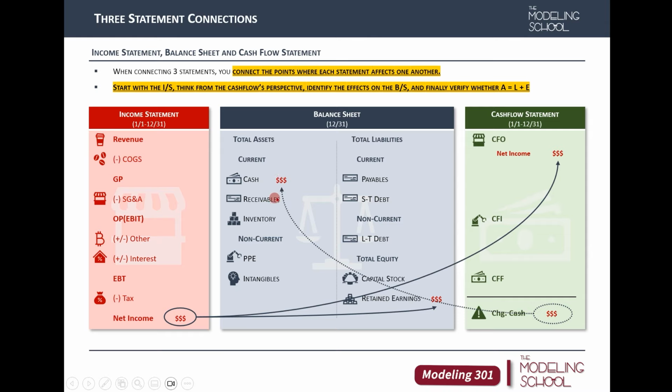And lastly, we have to verify whether total assets equals total liabilities plus total equity. And usually there's going to be some kind of difference, and usually that number is whatever account is affected, whether the account increases or decreases.